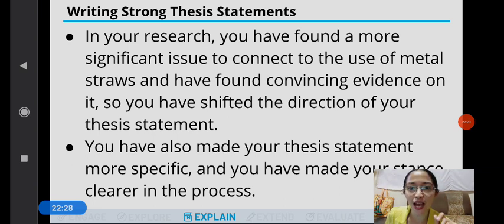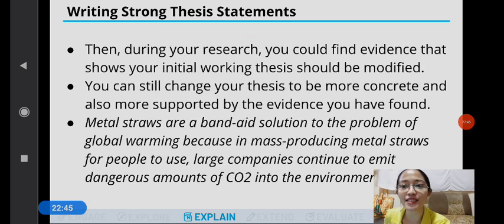Because it doesn't have specific details. Now, when the writer had a thorough investigation or research about using metal straws, he found out that metal straws are a band-aid solution to the problem.